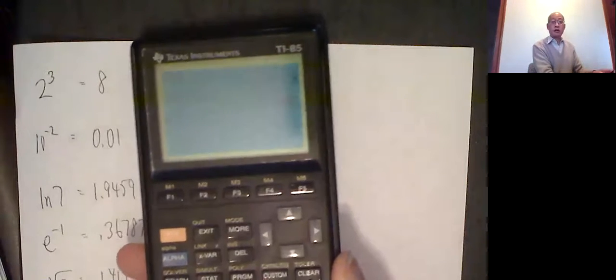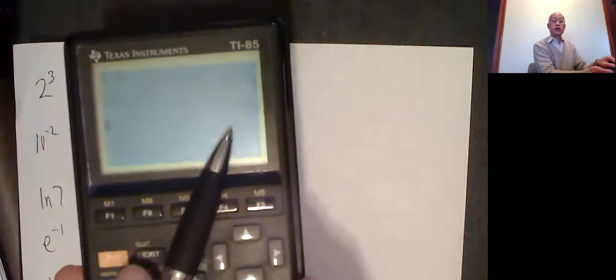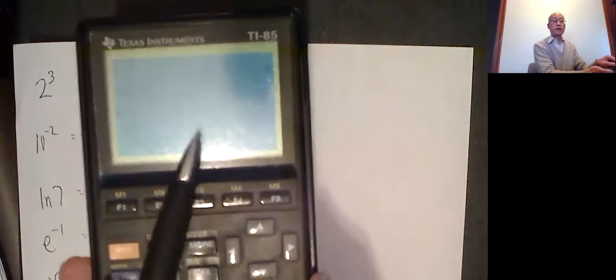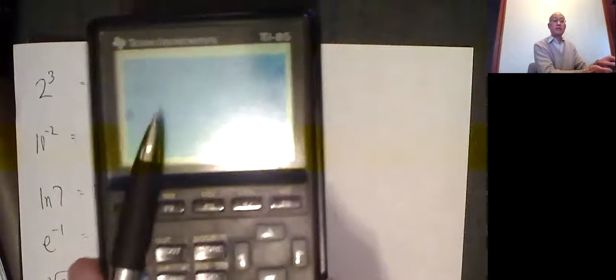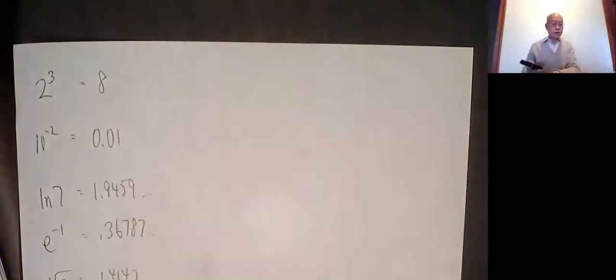I'm expecting the answer to be 0.01. So you can see that it's 0.01. It shows up better on the other calculator, which is actually not as good, but it shows up better on the overhead here. So again, that was 10 exponent negative 2, and then enter.